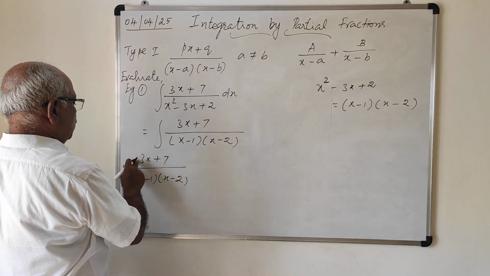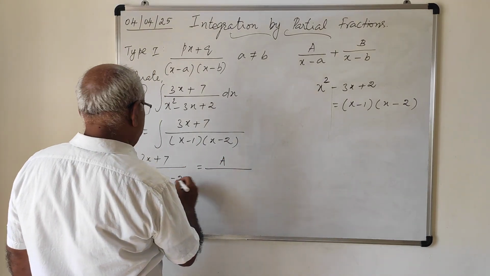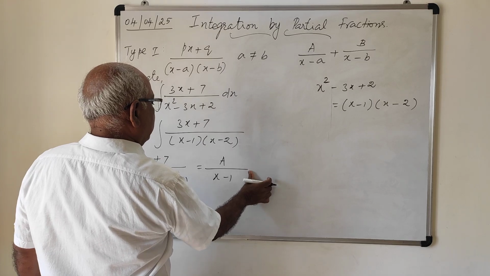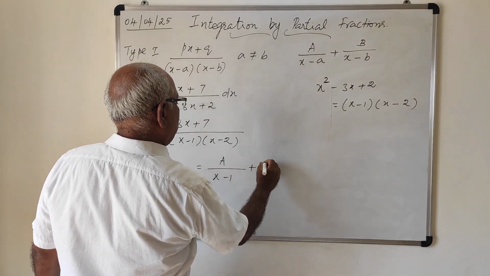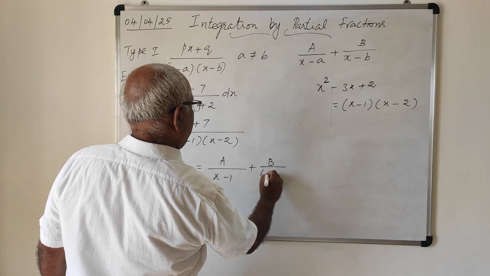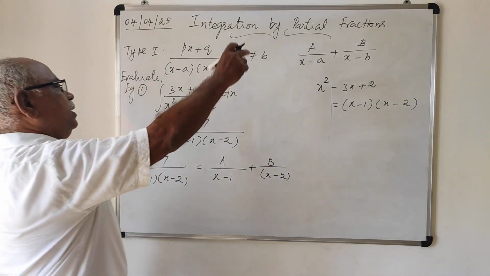The integrand should be split by the method of partial fractions like this: a by (x minus 1) plus b by (x minus 2).